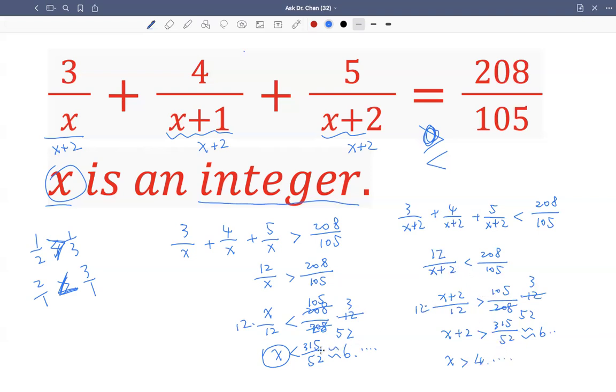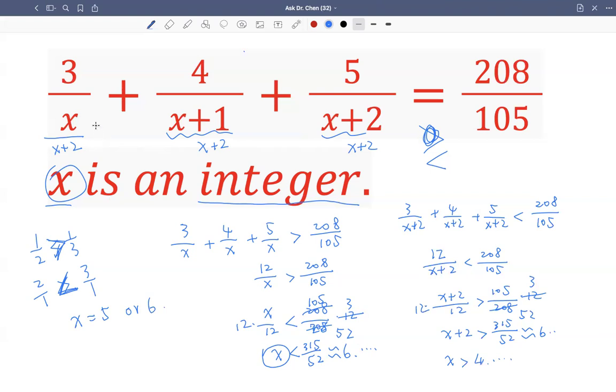So x is less than 6 point something, and x is greater than 4 point something, so it cannot be 4. So the only possibility is x equals 5 or 6. Only 2 possibilities. Now we can substitute in to see which one gives us the answer, right?